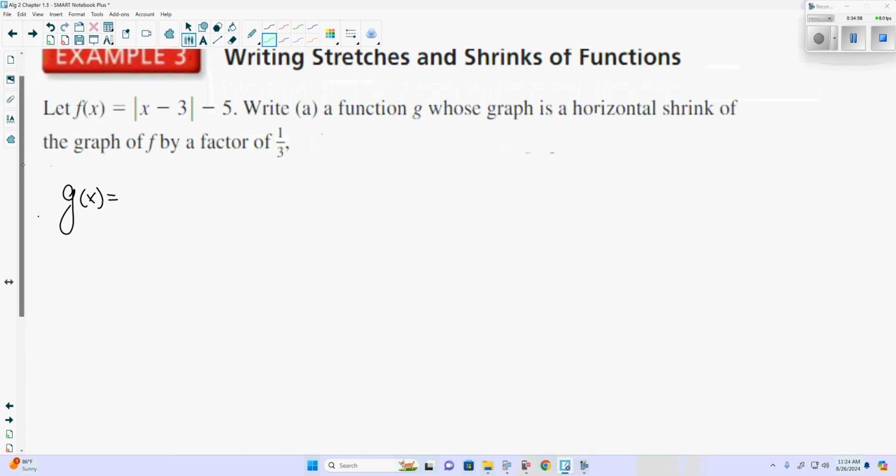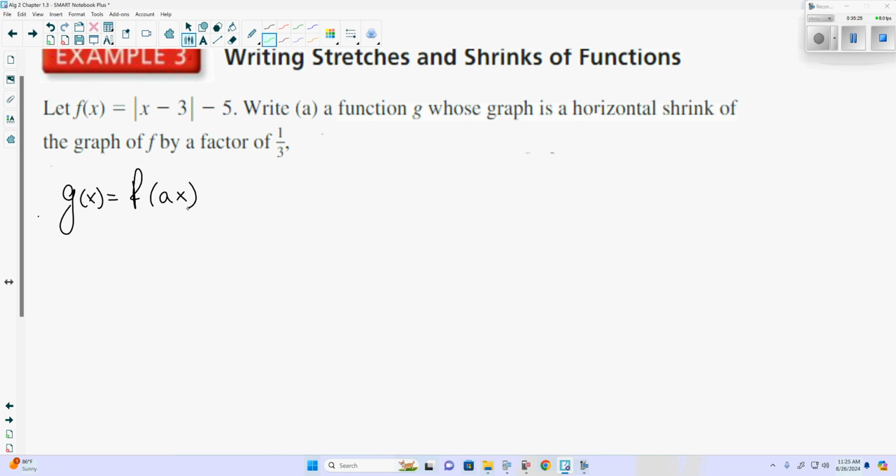Now the next one. Write a function g that's a horizontal shrink of the graph of f of x by a factor of 1/3. Yes. Now for horizontal stretch and shrink, we have f of a times x.